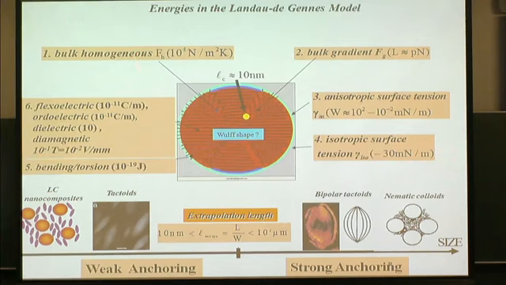If you look at the simplest scenario of a liquid crystal drop, you have bulk. I put some numbers here for reference. You have homogeneous elasticity, you have bulk gradient elasticity, the Frank constant, on the order of piconewtons, an important number. At the interface you have an isotropic tension. If this is a thermotropic liquid crystal, it's like millinewtons per meter, like organic liquids.